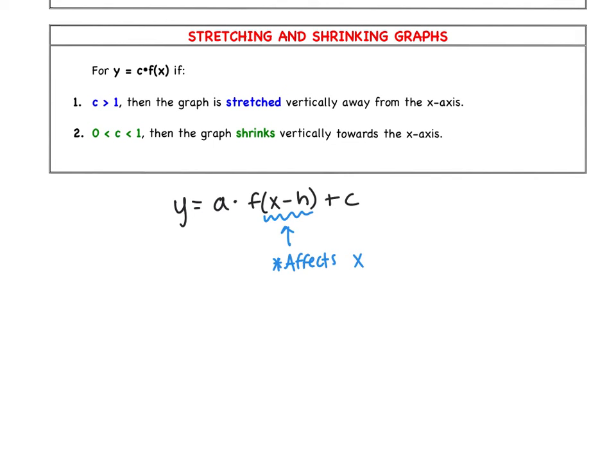So that h is going to move the graph left or right. Left or right. And it is always the opposite of the sign.